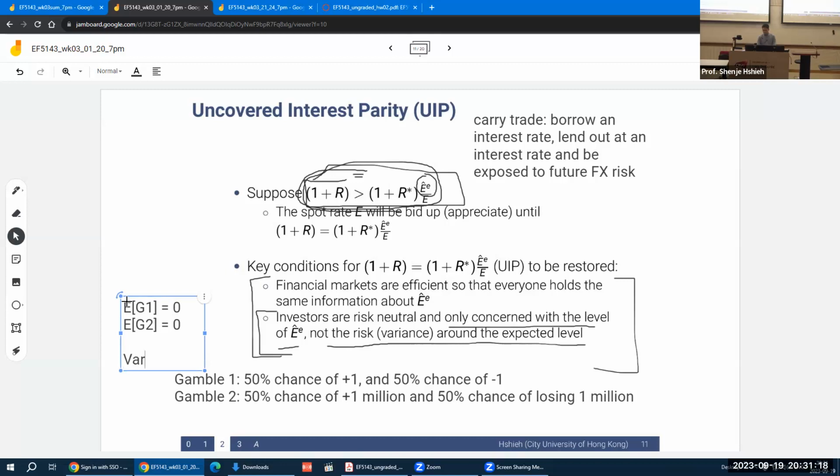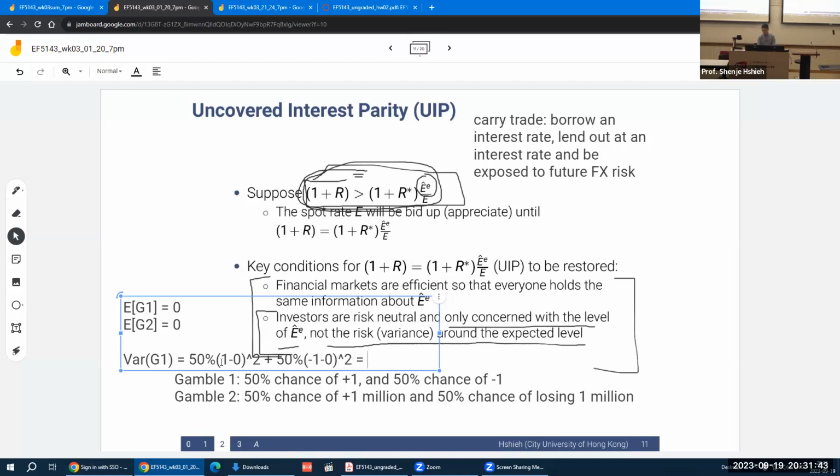What about the variance of gamble one? So this one's a bit tricky, but once you see it, it's 50% of 1 minus 0 squared, plus 50% of negative 1 minus 0 squared.